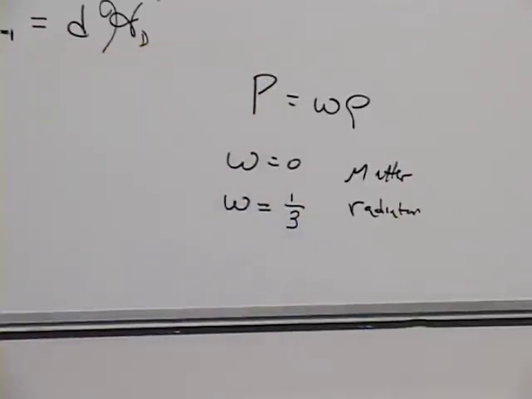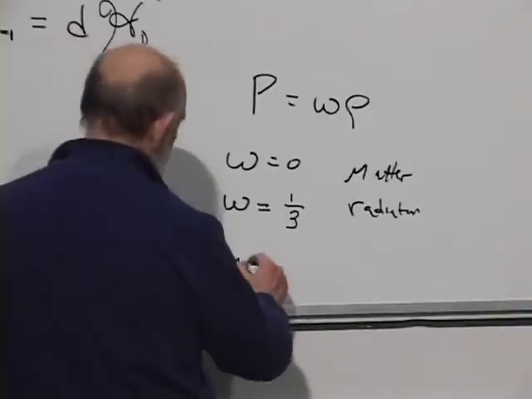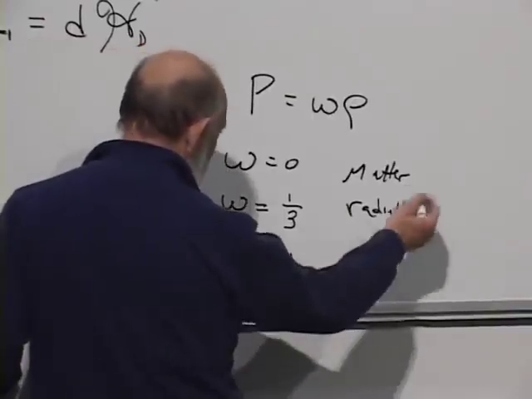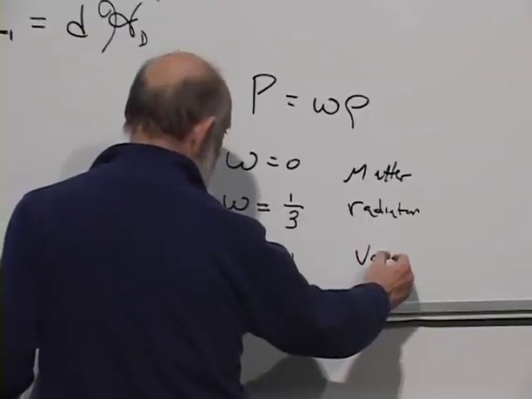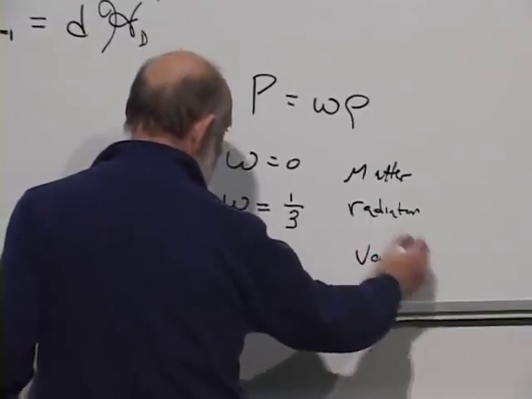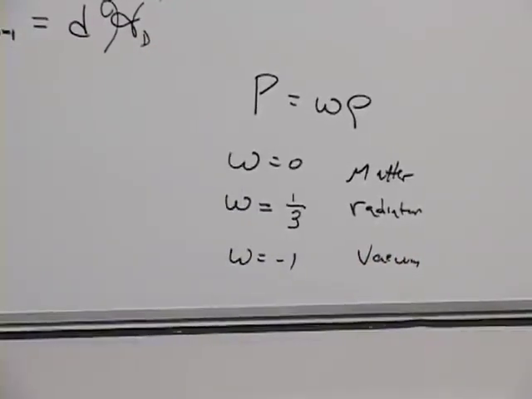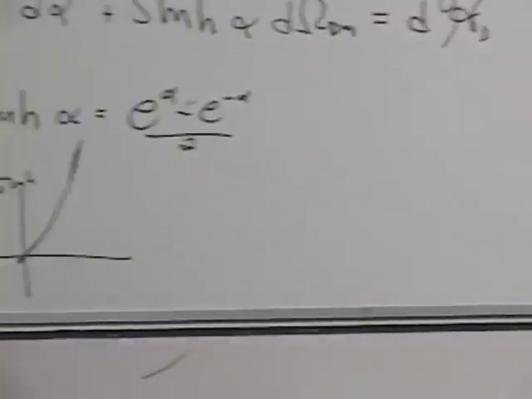Say it again? And w equals -1 for vacuum energy. So if you just had matter, all the other components of T would be 0? Yeah.